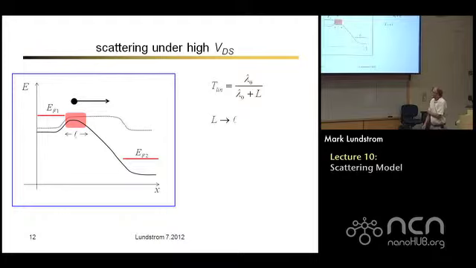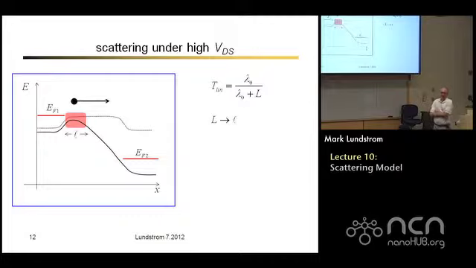So in order to fix this, we could think scattering only matters in this little region, script L. So I should just take my transmission expression and replace the actual channel length by the length of this critical region. Now, how do you know the length of the critical region? This is where I think you need a detailed simulation. You need to solve the whole transport problem self-consistently, get the right energy band diagram, and then you can see what that region is.